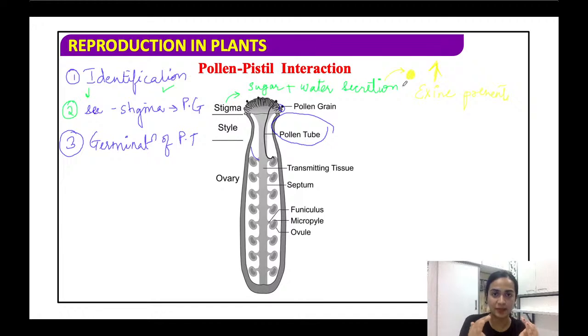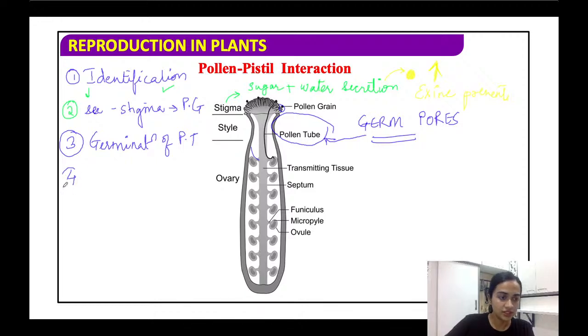Now the germ pores, you remember the germ pores. Germ pores are the regions where the sporopollenin is absent. So the germ pores come into action, and from here they help the pollen tube to germinate. Now the fourth step is penetration.